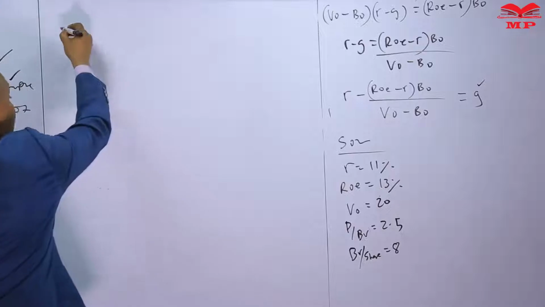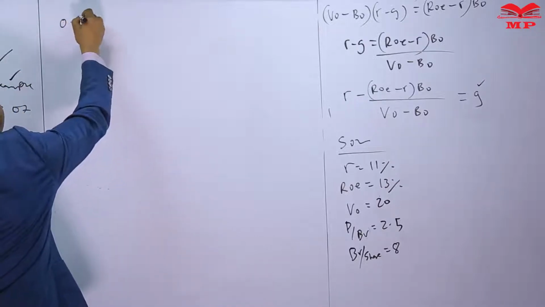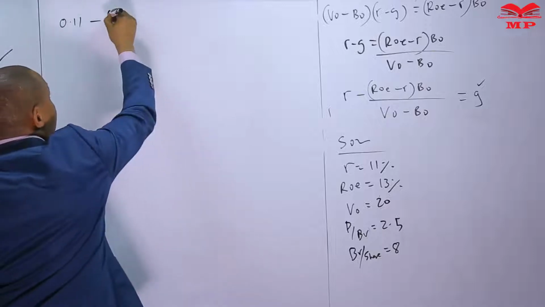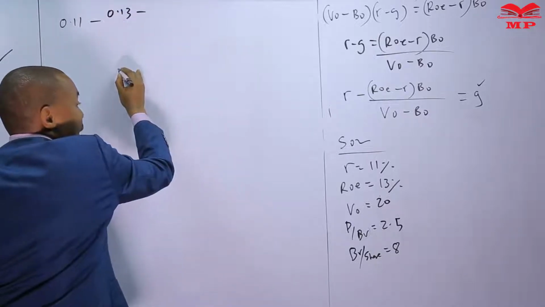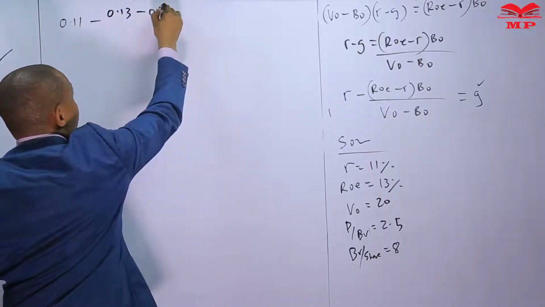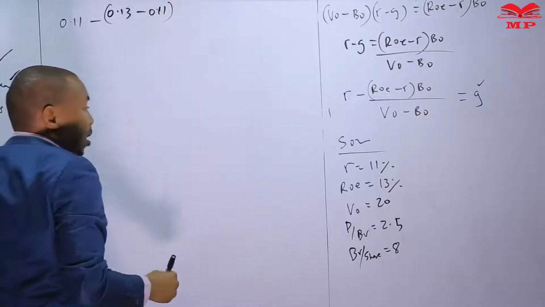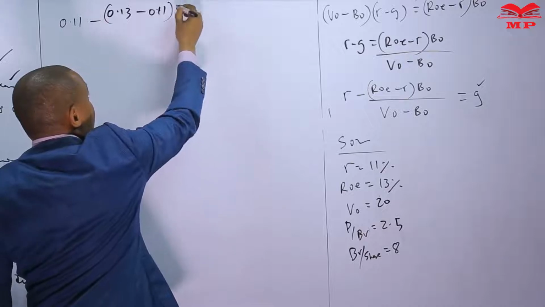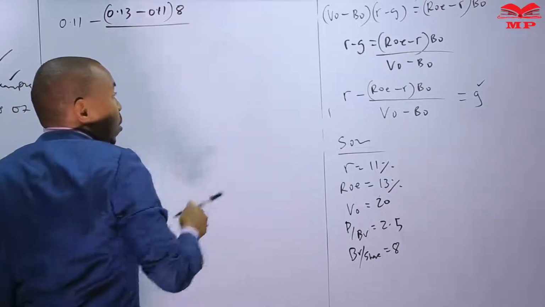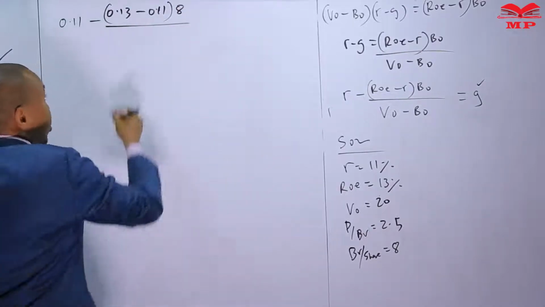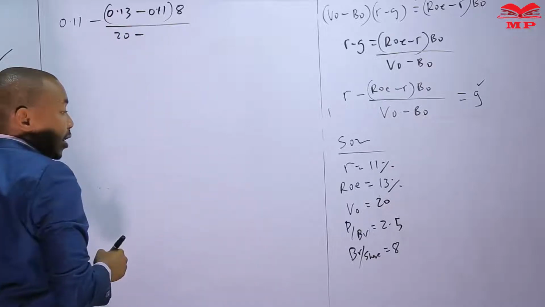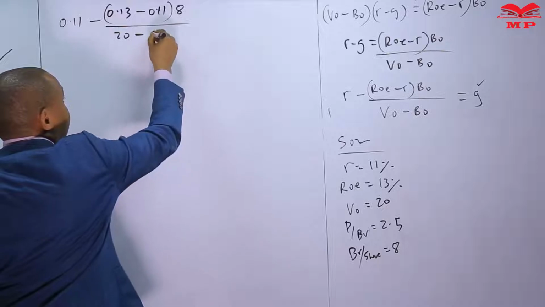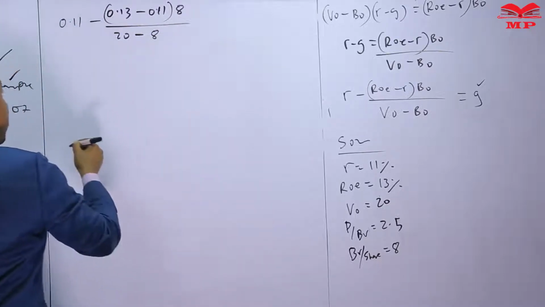R is 0.11 minus ROE, 0.13 minus R, 0.11, times beginning book value, which is 8, divided by the value, 20 minus 8. You can see the book value there as 8. So how much do we have?